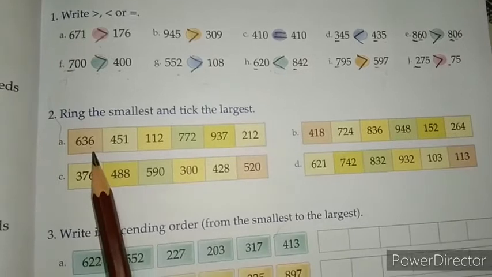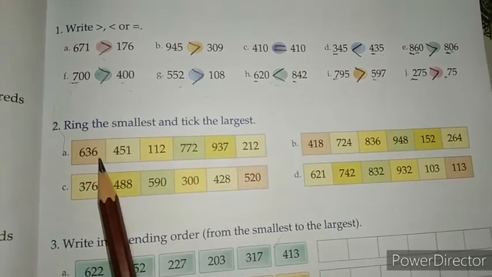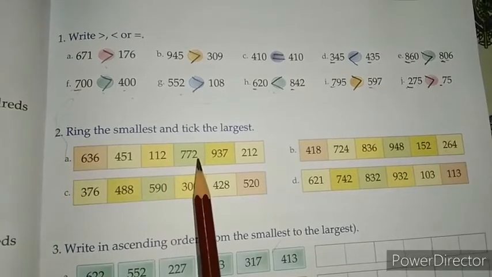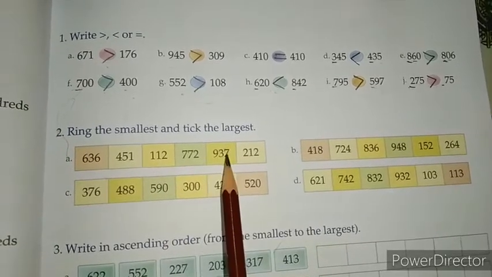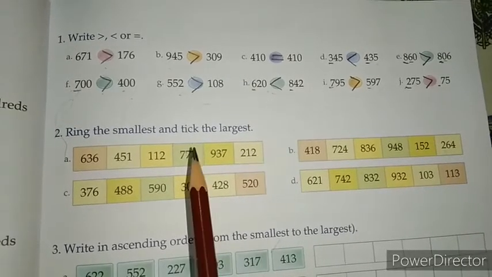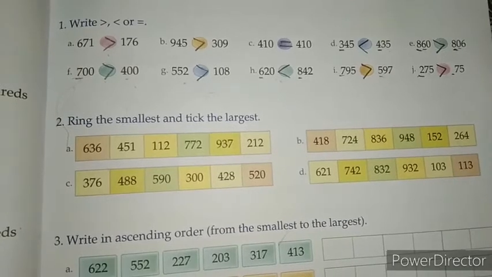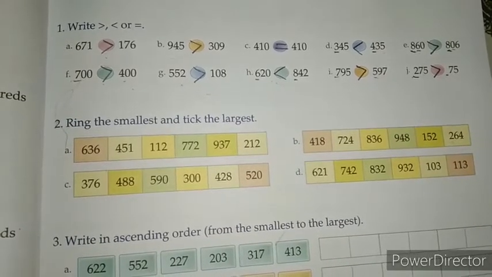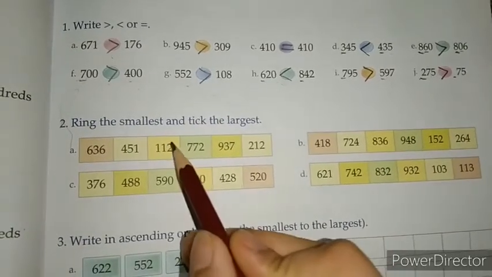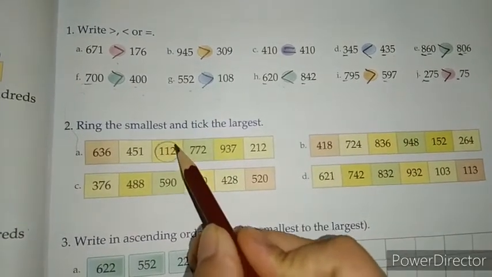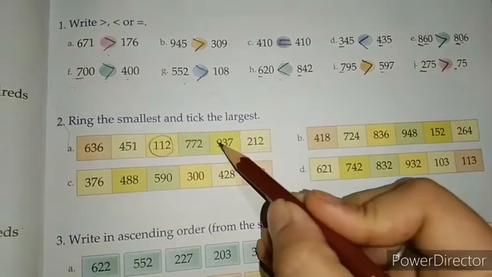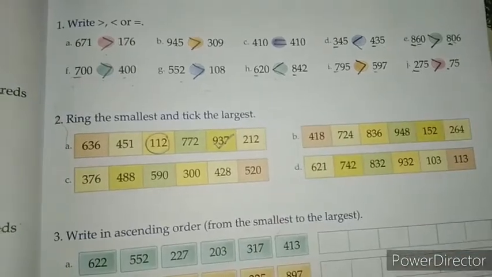Okay, so 636, 451, 112, 772, 937, 212. Which is the smallest number in these numbers? Yes, 112. Then circle this. And which is the largest number? 937. Then tick this.